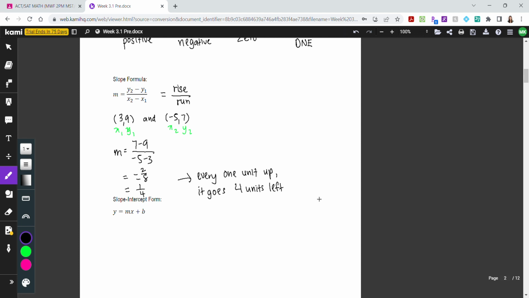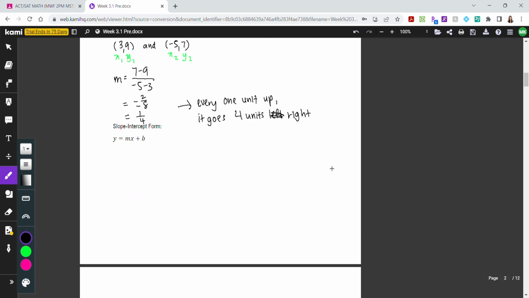And it runs to the right, because it's a positive 4. That means it will run to the right 4 units. Now, if it was a negative number, then we would say the opposite. So it'll be like 1 unit down, it goes 4 units right, and that kind of stuff. So it really depends on how your slope is looking. But that's how you would find the slope, by using this formula. So remember it because it's very important.